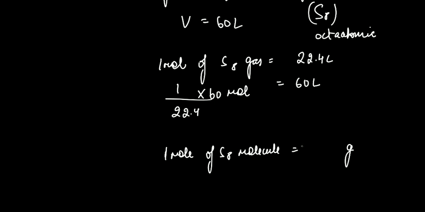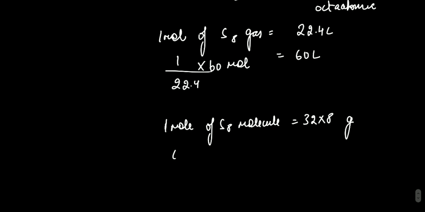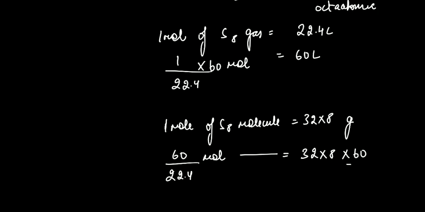Grams. So that is going to be 32 into 8. I'm not keeping it as one number because we have to cancel most of the things or multiply again. 60 divided by 22.4 mole of sulfur molecule will be equal to 32 into 8 into 60 divided by 22.4, these many grams.